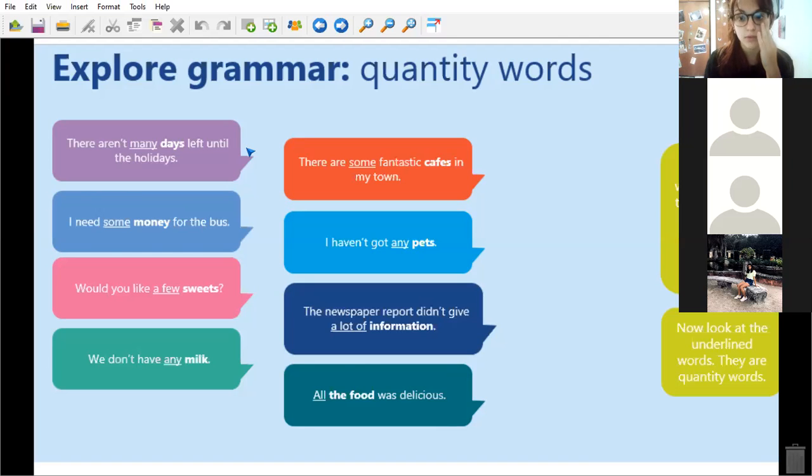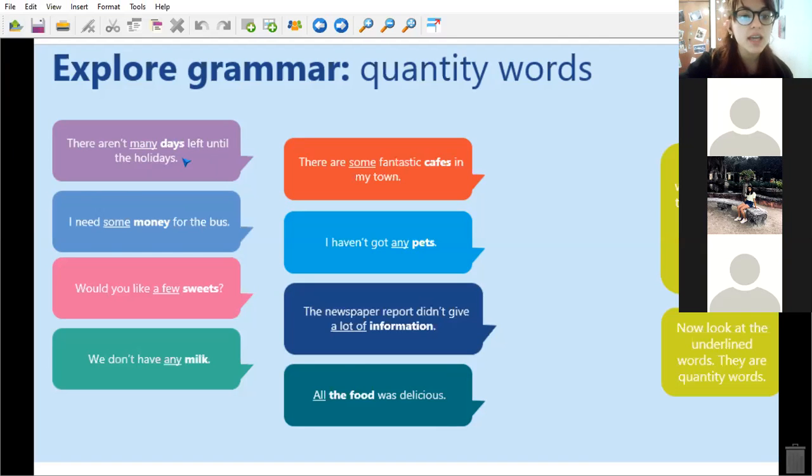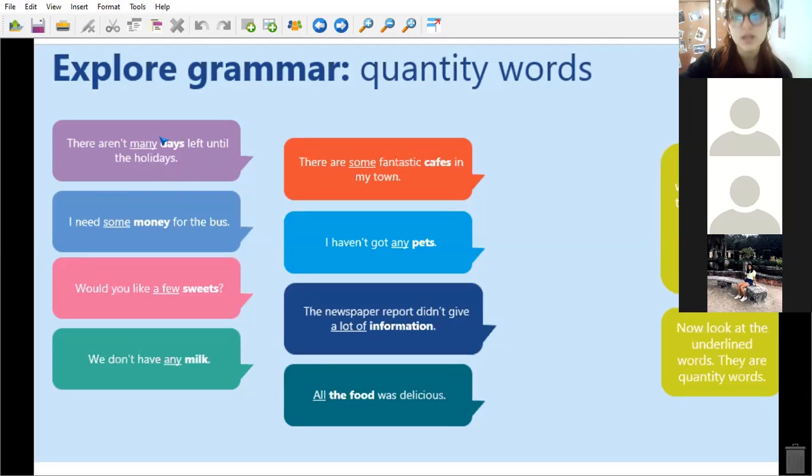Right? So if I say days, is that countable or uncountable? Countable. Remember that uncountable nouns do not have a plural form. So if I say money, is that countable or uncountable? Uncountable. You cannot say monies.